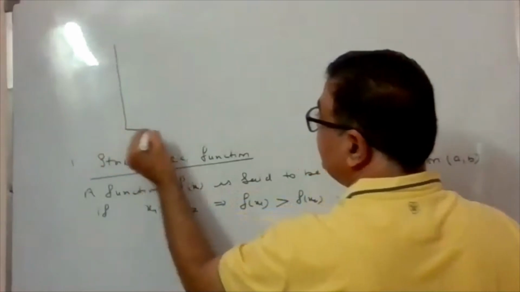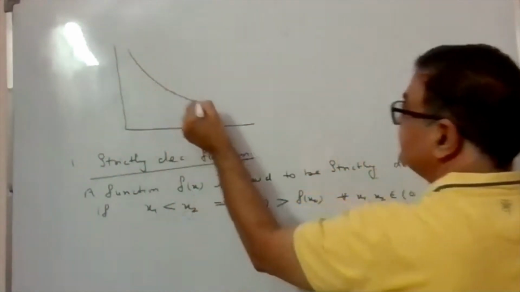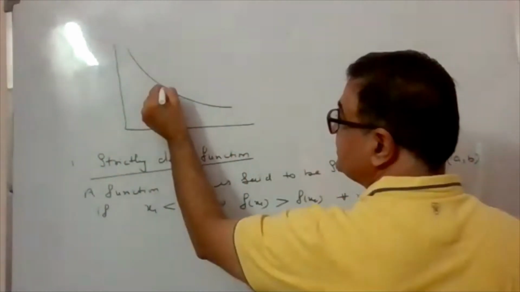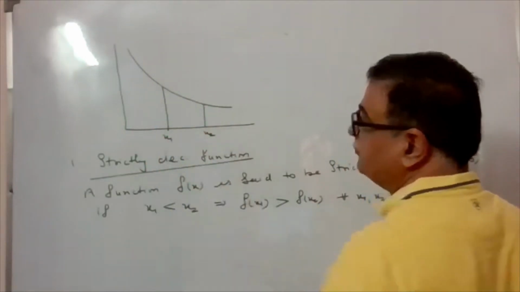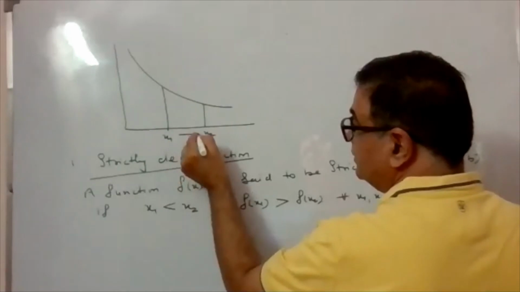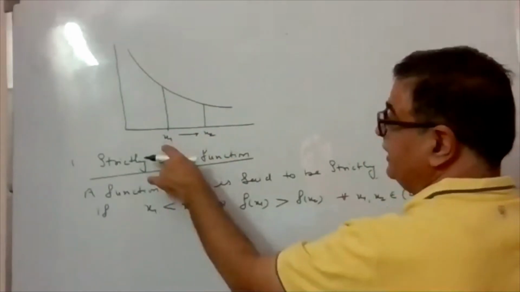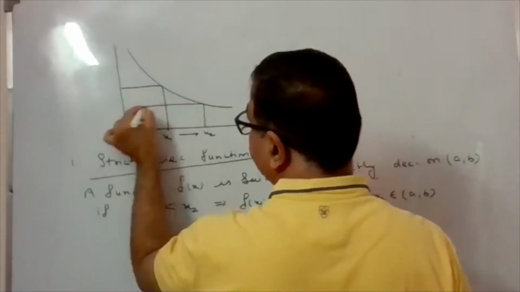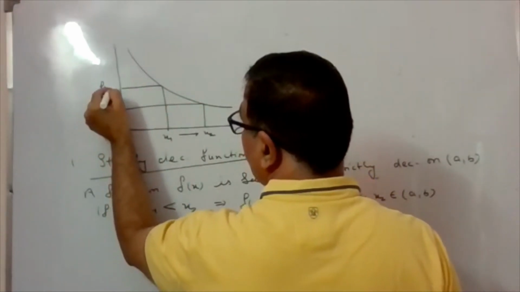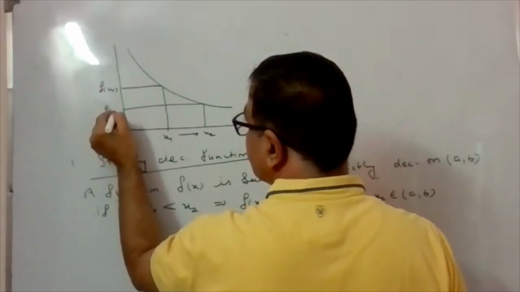That means in this case the curve will come like this. This is point x1 we have, this one is the point x2 we have. x2 is bigger than x1, meaning x we are increasing, but what about your f(x)? Just check here. This is your f(x1) and this is your f(x2).